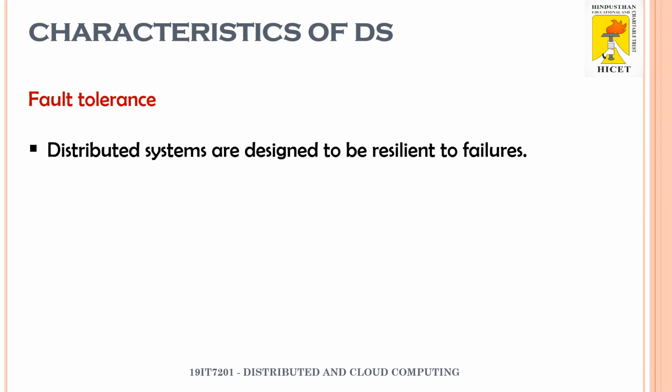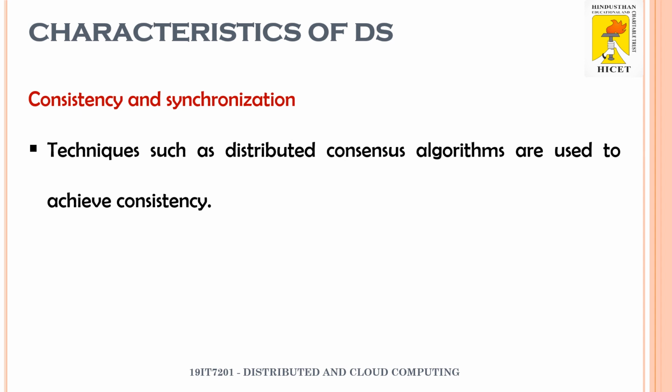The last one is consistency and synchronization. Consistency and synchronization is one of the important characteristics of a distributed system. Ensuring the consistency and synchronization of data can be a very complex challenge in distributed systems.